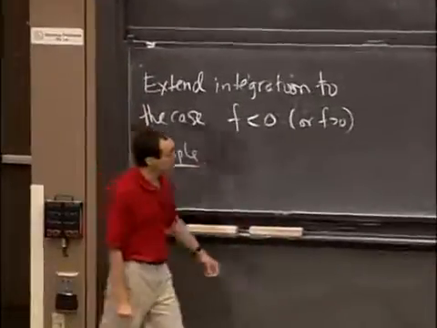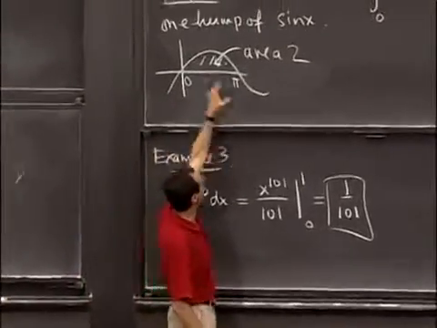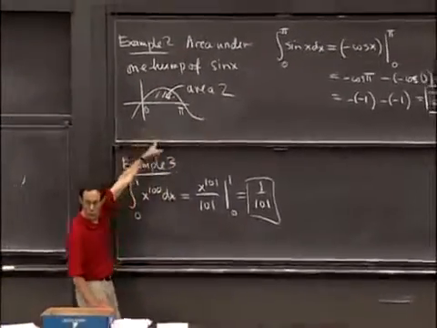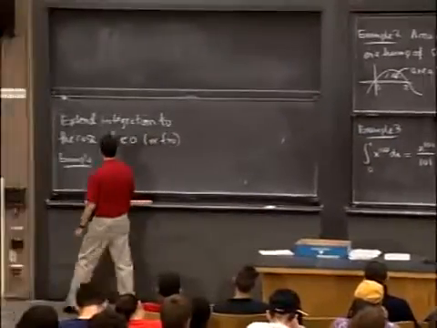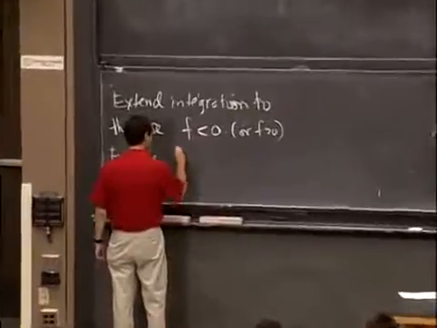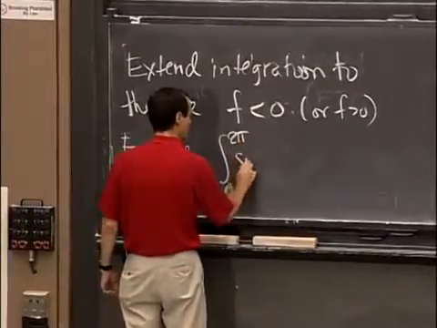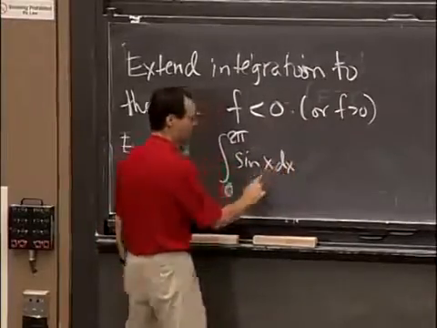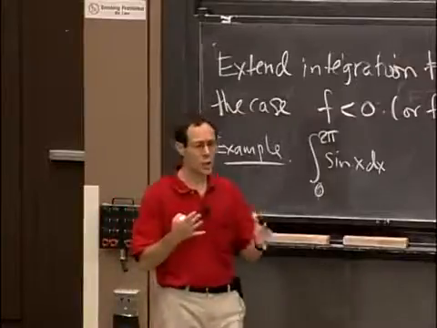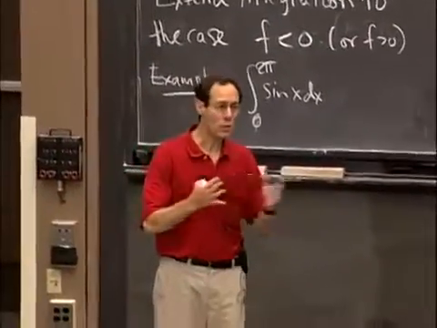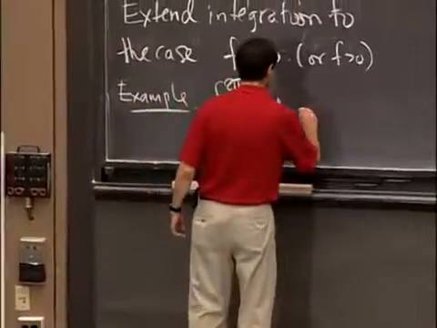I'll carry out the example on this blackboard up here of the sine function, but we're going to try two humps. We're going to try the first hump and the one that goes underneath there. So our example here is going to be the integral from 0 to 2 pi of sine x dx. And now, because the fundamental theorem is so important and so useful and so convenient, we just assume that it be true in this case as well.